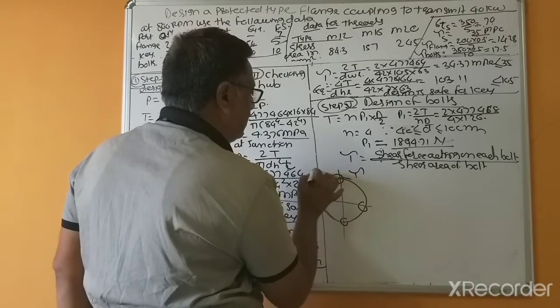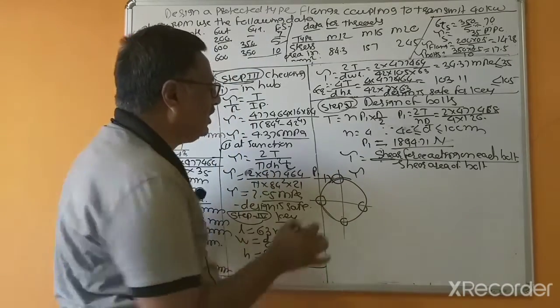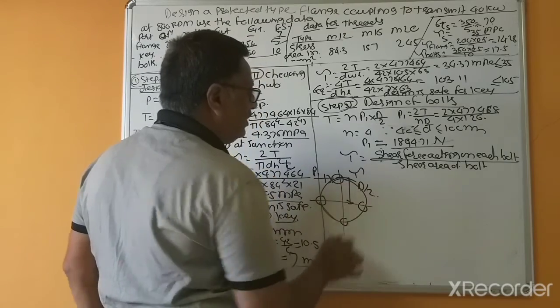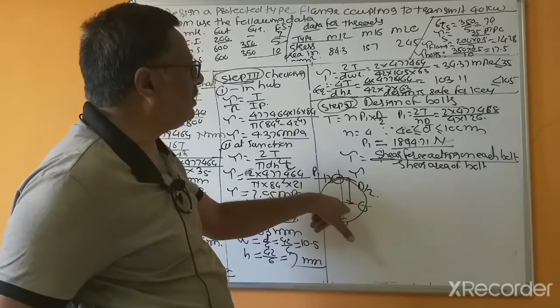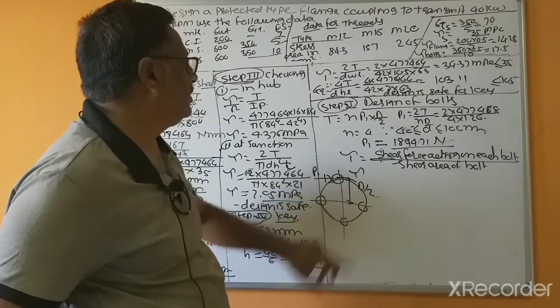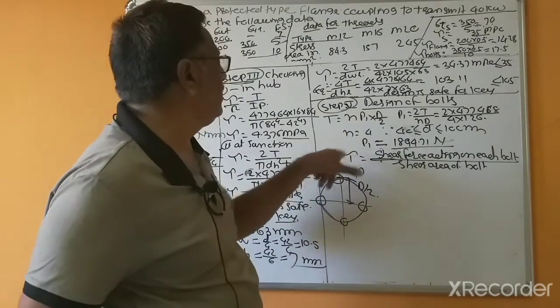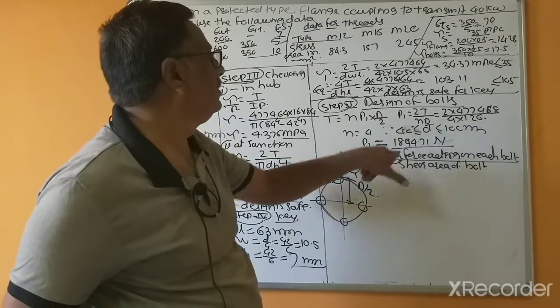Here this is the force acting P1, and this is capital D divided by 2, and the number of the force. Because of direct shear stress, P1 is what we already considered, the number of bolts is 4.